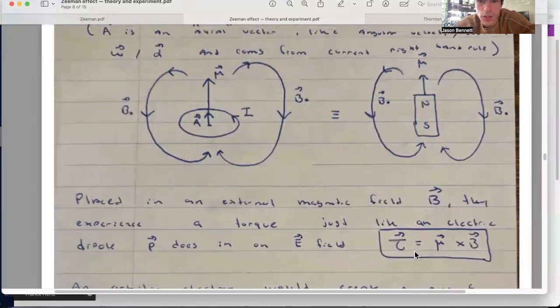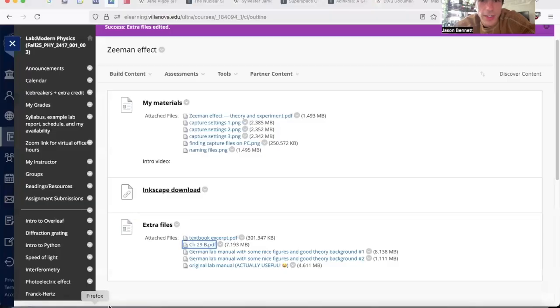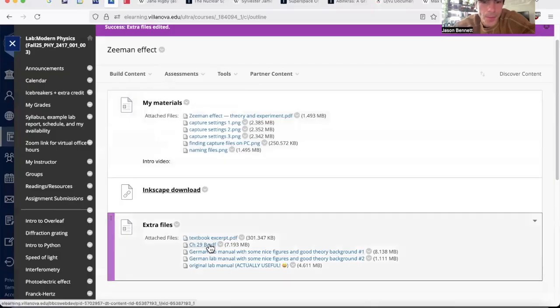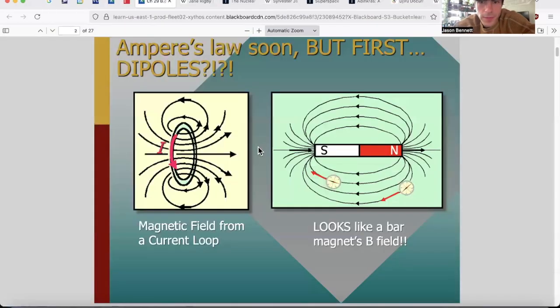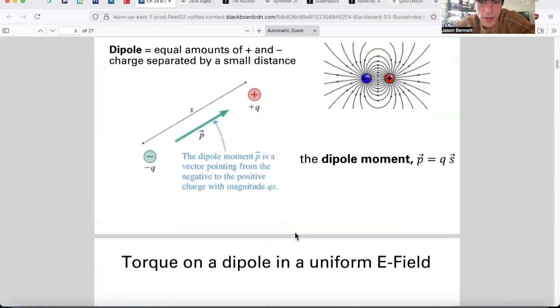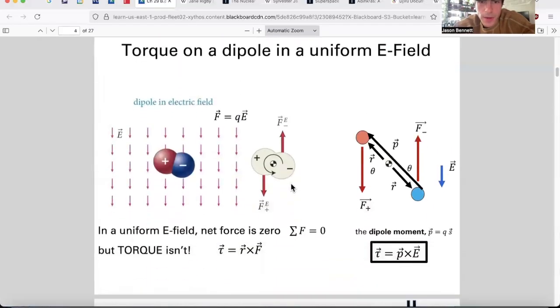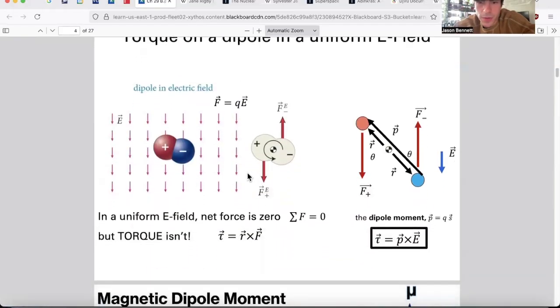Okay, and so actually, some of these slides are kind of nice, especially for the torque one, because it shows the difference. For an electric dipole, negative will want to go in the direction of the electric field, positive will go in the opposite direction.